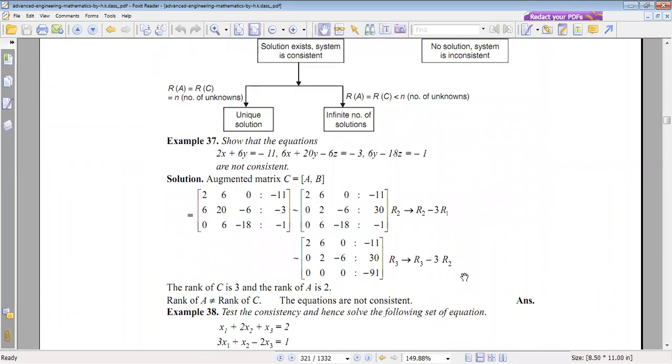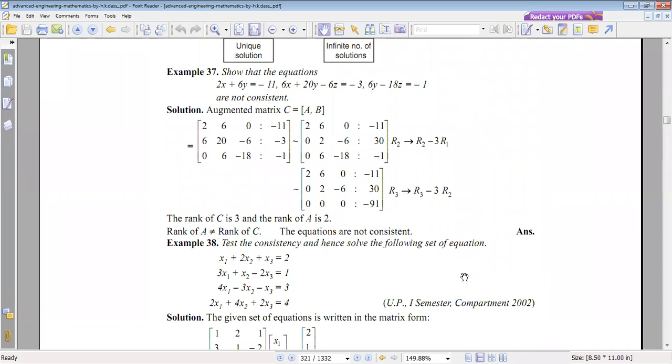See here. The three equations given are not consistent, that means the system has no solution. So now see the augmented matrix, A augmented with B. Here the coefficient of x is 2, the coefficient of y is 6.